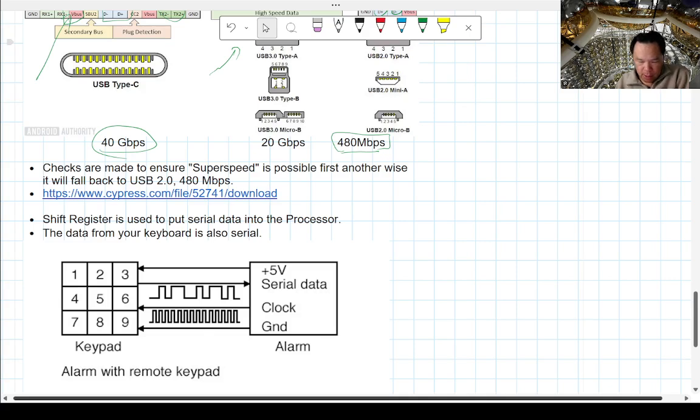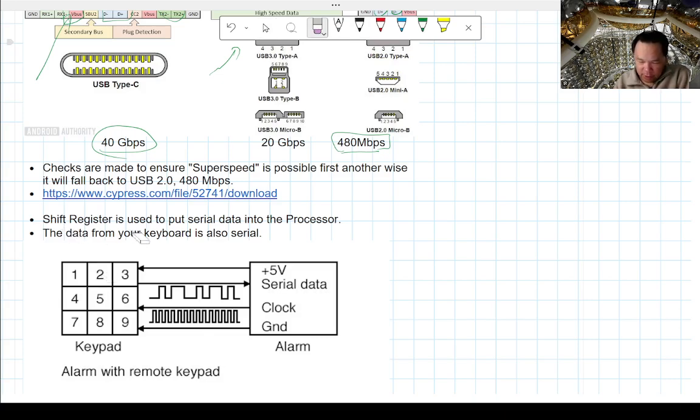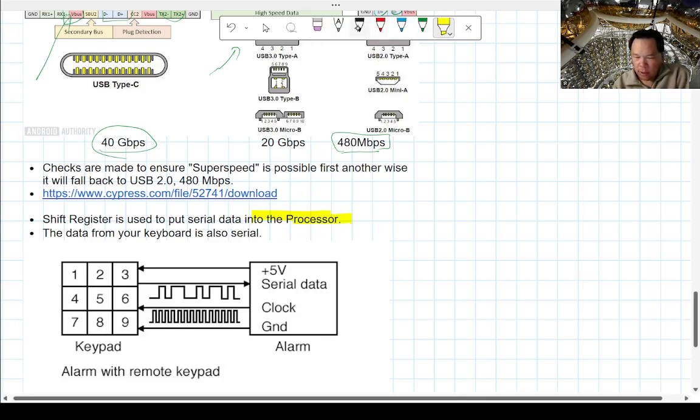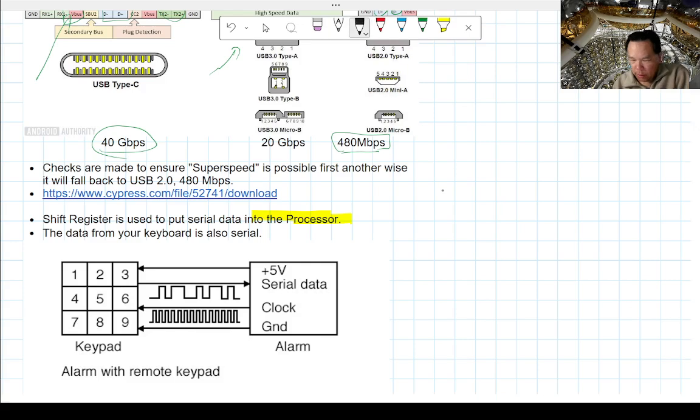All right. Another thing that shift registers are used for is to put serial data into a processor. Let's draw this: your processor, your FPGA, whatever it is. You want to have a lot of data coming in, but it only has a limited number of connections that it can handle.